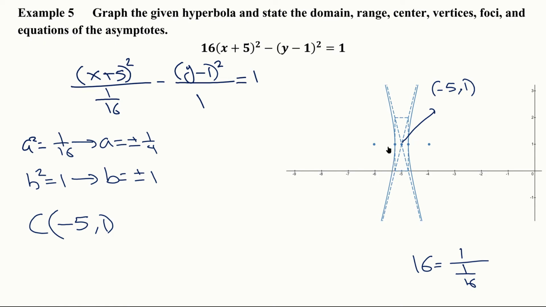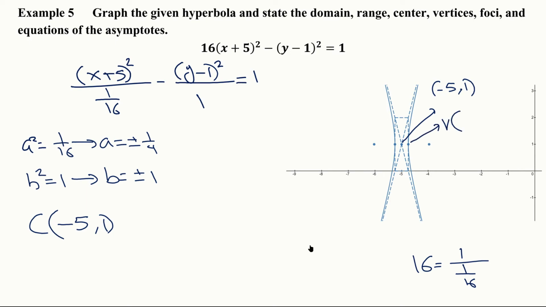And then I can go ahead and form my fundamental rectangle, draw the asymptotes, and then draw my graphs. You can see this is going to have very high eccentricity, from what we discussed last time, right? This particular hyperbola.